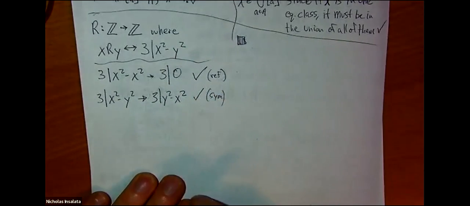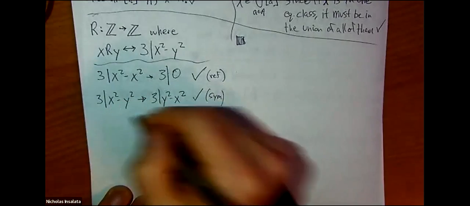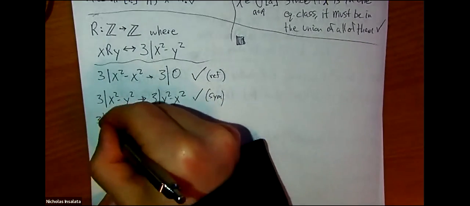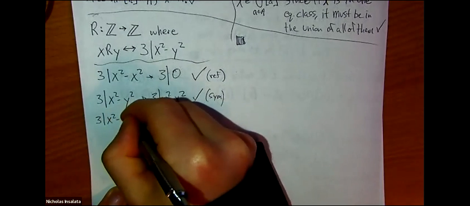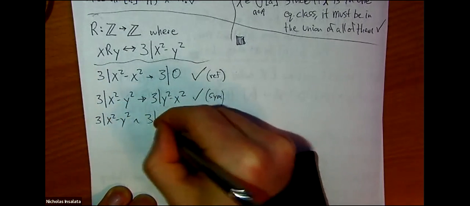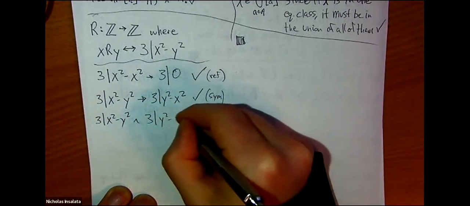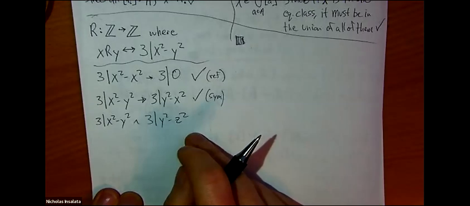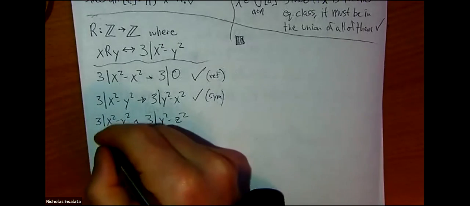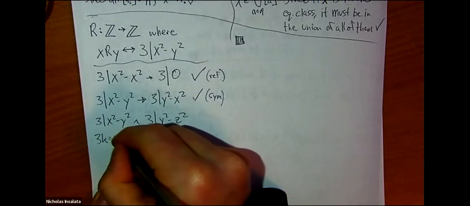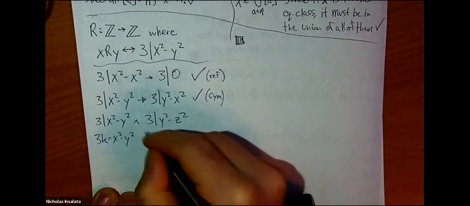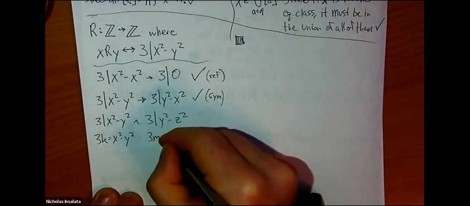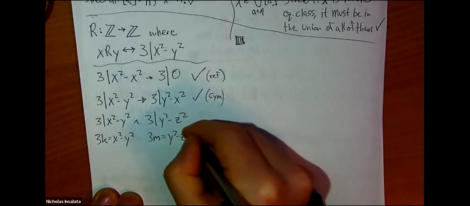So we got symmetry. How about transitivity? That one's a little bit more interesting. We have 3 divides x squared minus y squared, and 3 divides y squared minus z squared. We can translate those by definition into equations: 3k equals x squared minus y squared, and 3m equals y squared minus z squared.